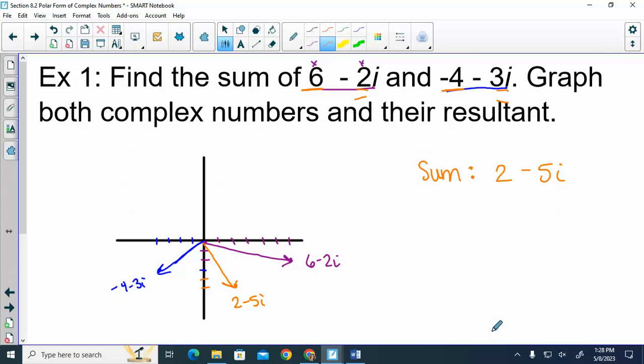And you notice that the resultant, the sum, fell in between the other two vectors, and that should always be the case. We're just going to hit the basics today. So this is the first main thing. Are there any questions about how to graph these or how to add them?